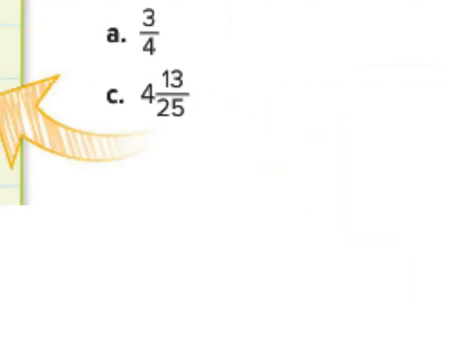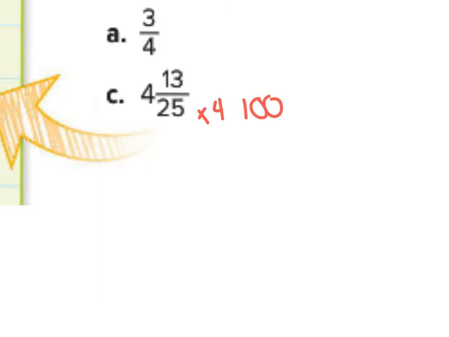Okay, for C we have a mixed number. You can see that it's 4 and 13 over 25. Okay, many of you know that in 25, there are 4 of these in 100 because of the coin that we have, the quarter, right? So if we were to simply multiply that by 4, we would get 100, right?